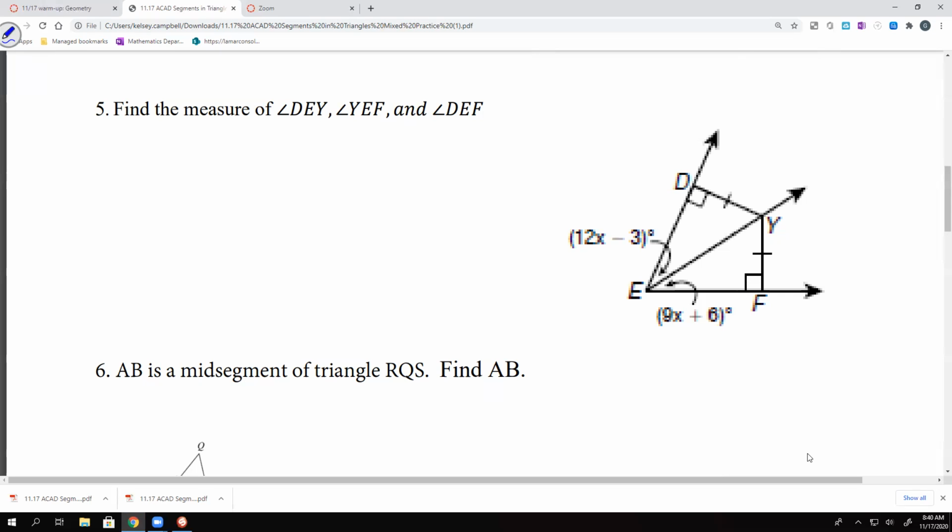So when you have your picture look like this and you see these two lines are congruent, you know that those two angles up there are congruent, okay? So DEY is this one, yes? So angle DEY is congruent to angle what? YEF.